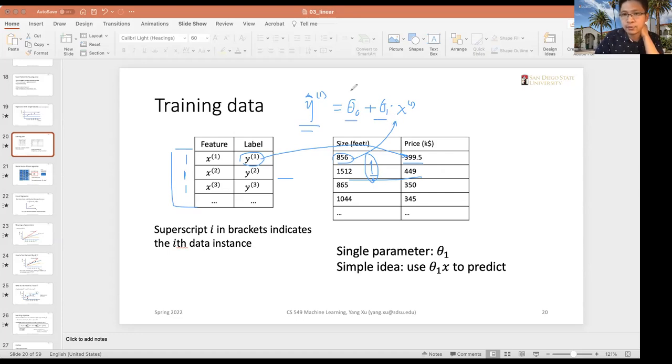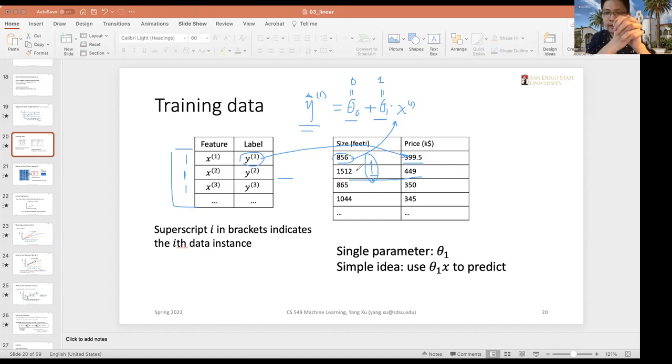So the value of y hat depends on what theta 0 and theta 1 we use. For example, if we have theta 0 equals 0 and theta 1 equals 1, then the calculation tells us that y hat 1 will be 0 plus 1 times 856, so y hat 1 will be $856,000.